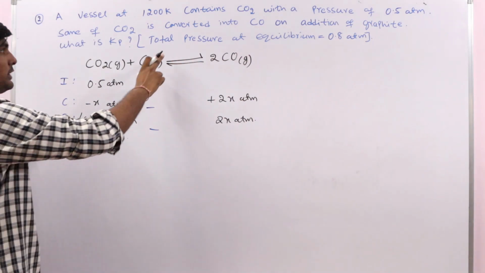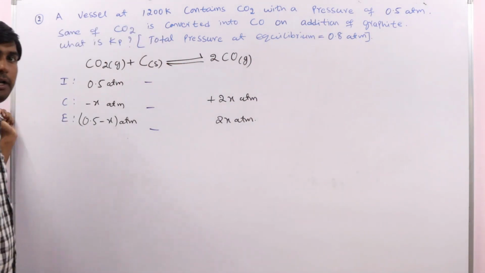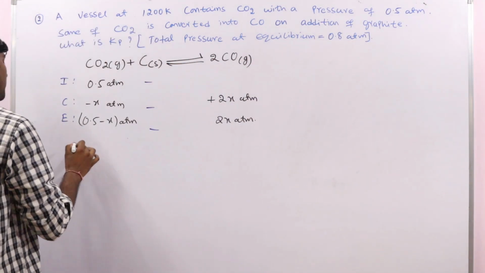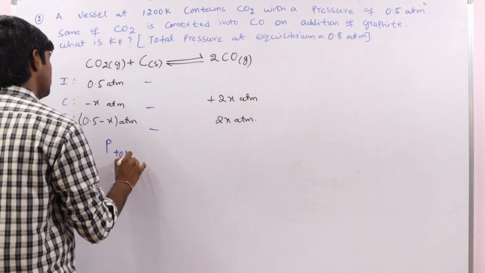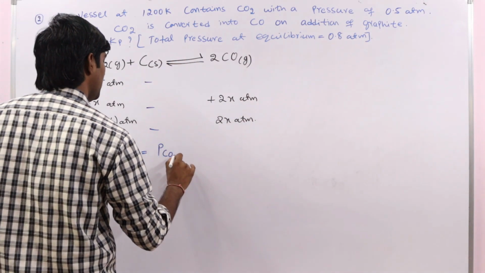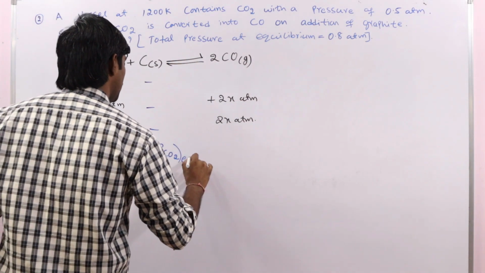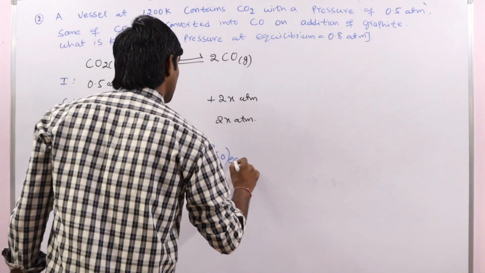Now, one hint is given: total pressure at equilibrium is 0.8 atmosphere. Therefore, P total at equilibrium is nothing but partial pressure of CO2 at equilibrium plus partial pressure of CO at equilibrium.